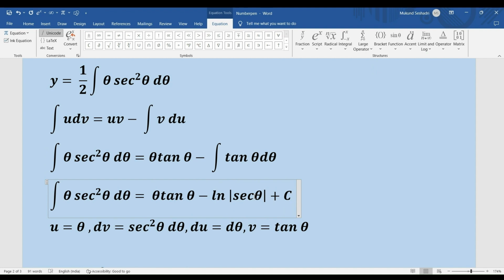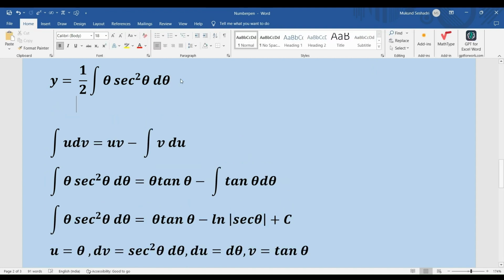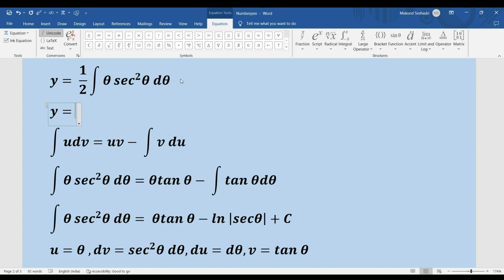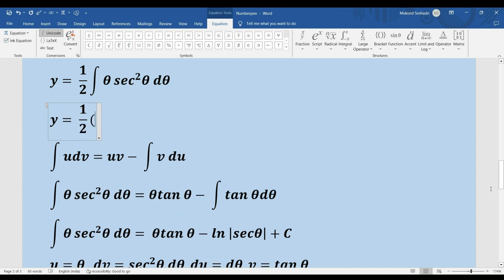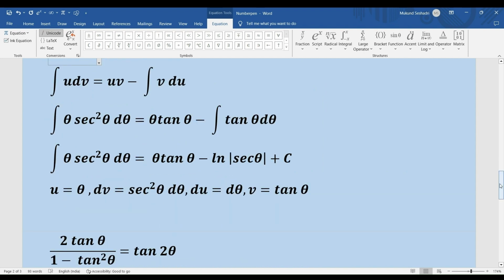So what do I do now? I go back to my y and I rewrite this, because my y is half of integral of theta secant square theta d theta. Therefore, my y is equal to half of the expression I arrived at just now, right?